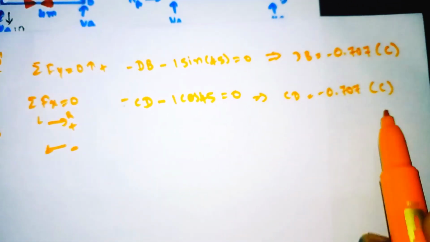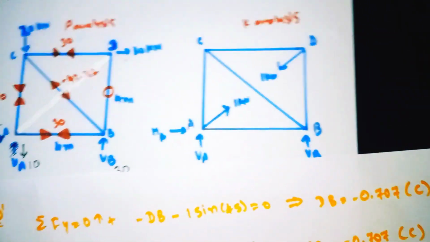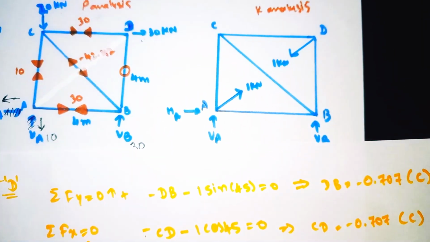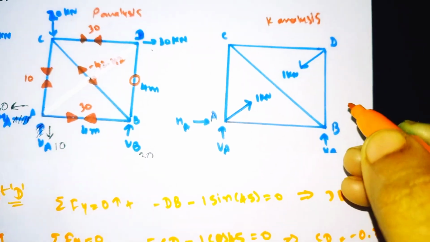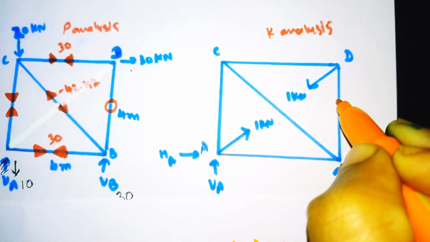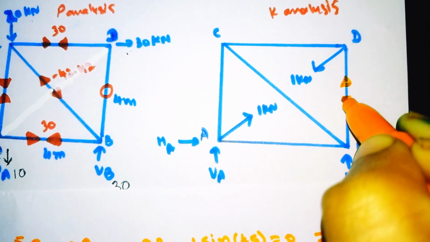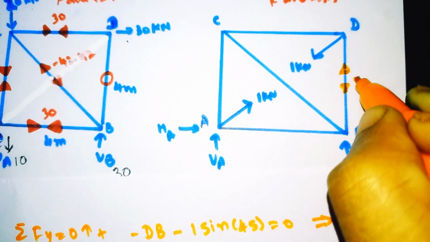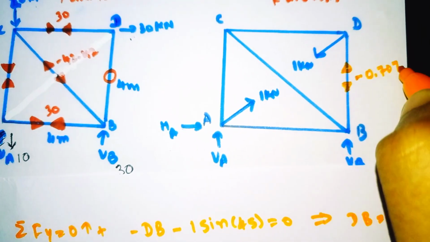Compression means away from each other. So we need to mark it here. Our DB value we got was minus 0.707. Compression means the forces are moving away from each other. So we write the value as it is, as I told you, minus 0.707.